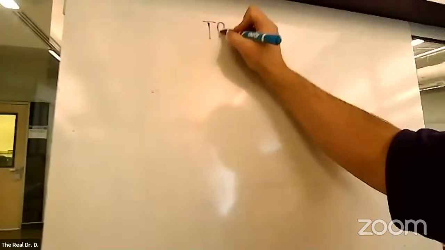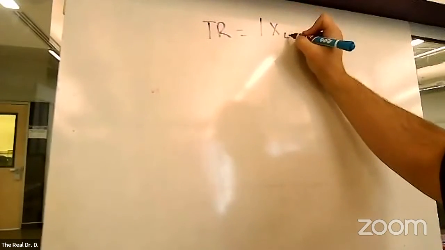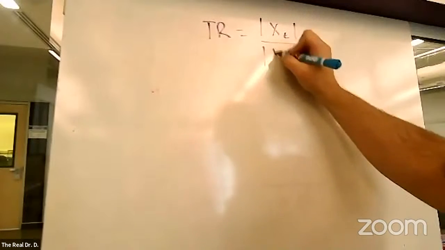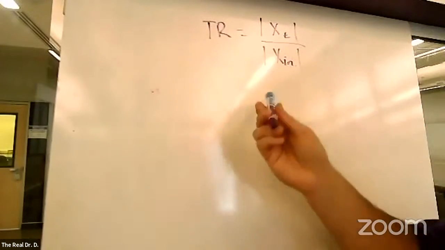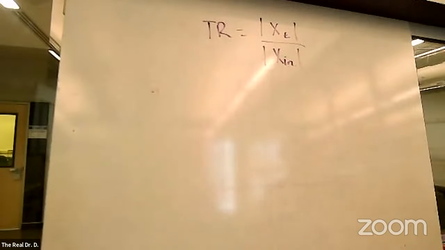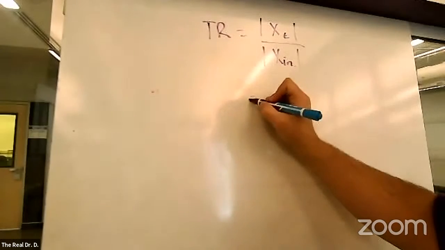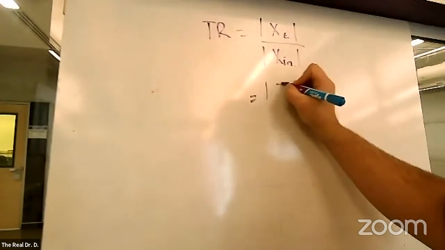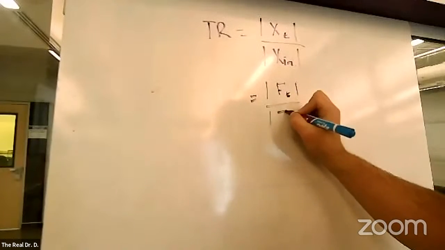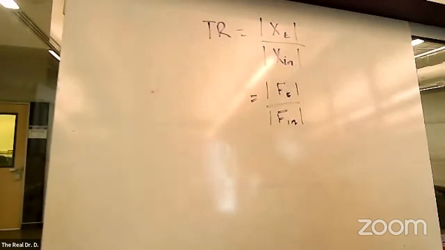Okay, so great, we've got this number, and we define this a couple of ways. We said that the transmissibility is equal to the amplitude of the displacement that's transmitted divided by the amplitude of the displacement that we put in. Because we define this in terms of displacement, but we also define this in terms of force. And it turns out that both of these have to be the same number.